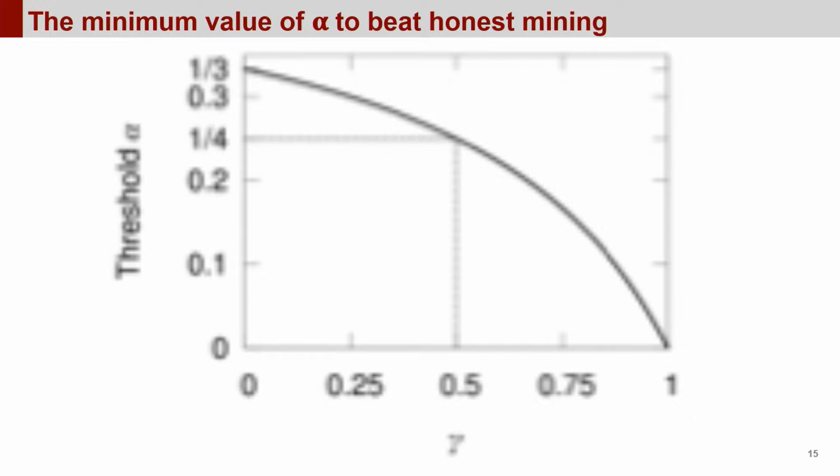So you can see that when gamma is equal to 1, basically there is no need for any alpha. Selfish mining is always beneficial, regardless of the power of the selfish miner. But when gamma is equal to 0, the selfish miner needs 1/3 of the total mining power of the network.